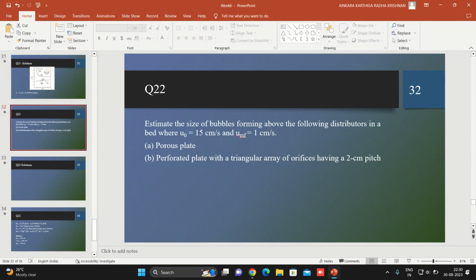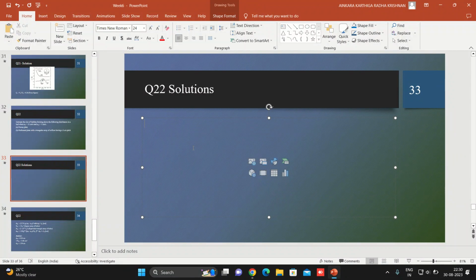Size of bubbles forming above the following distributors. U naught is equal to and UMF is equal to given. So the first one is we should write given.